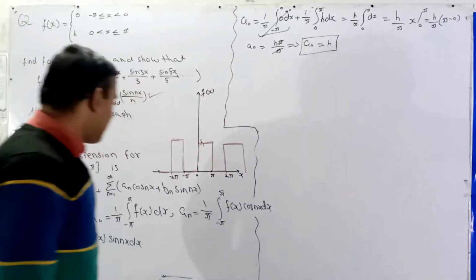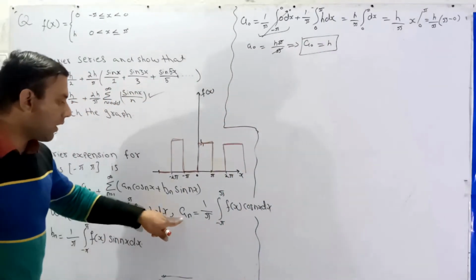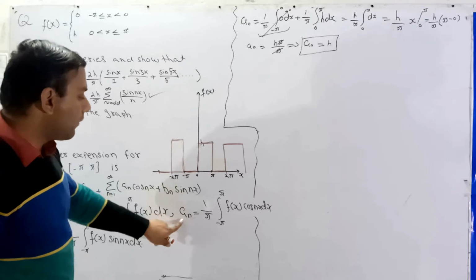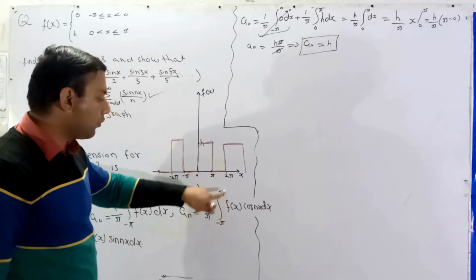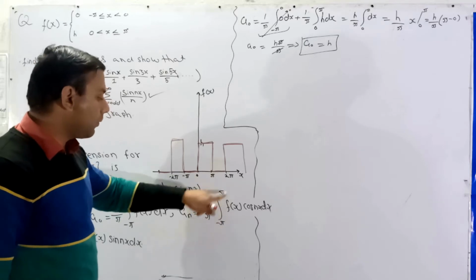Then after this I am going to find the value of a n, and similarly we have to break this integral into parts from minus pi to 0 and then from 0 to pi.